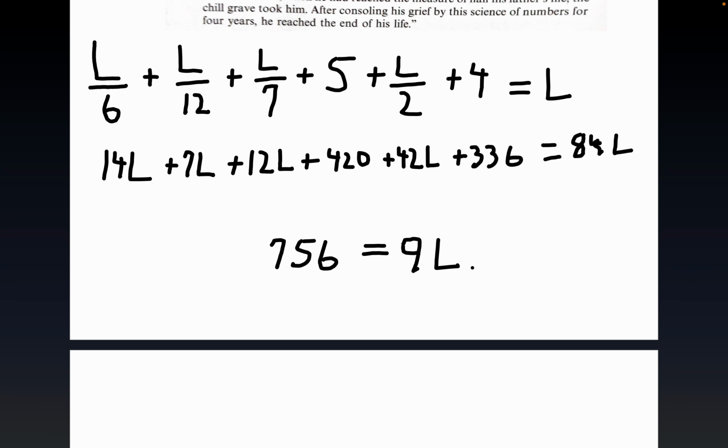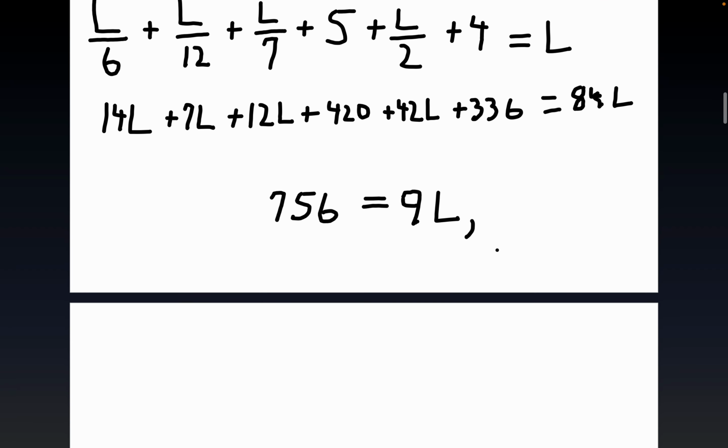This implies that L is equal to, let me just write down the steps here. So you'd have 756 over 9 is equal to L. And that's some easy arithmetic, I think, folks. It's a miracle I didn't make a mistake because I know the answer, of course. It's 84, but this is equal to 84.